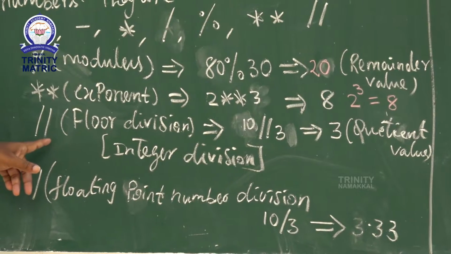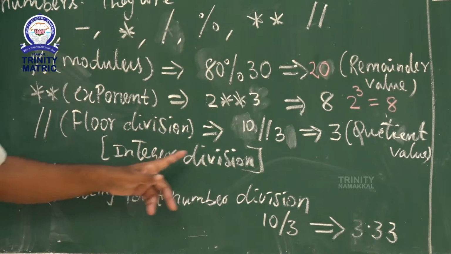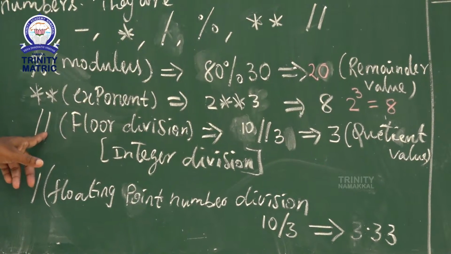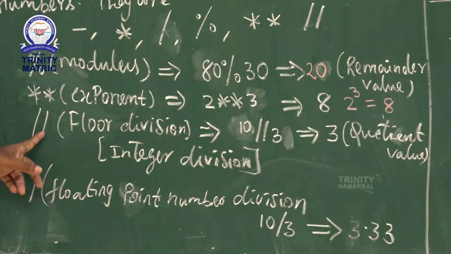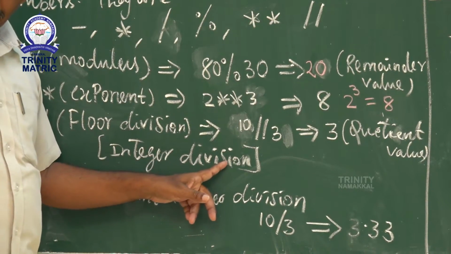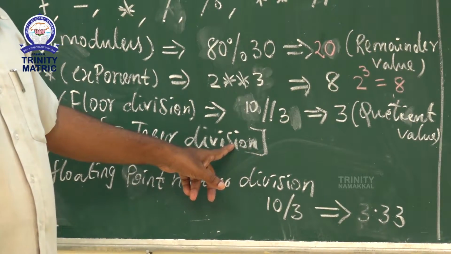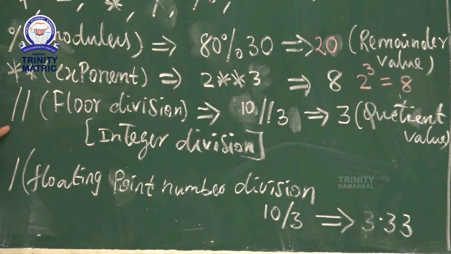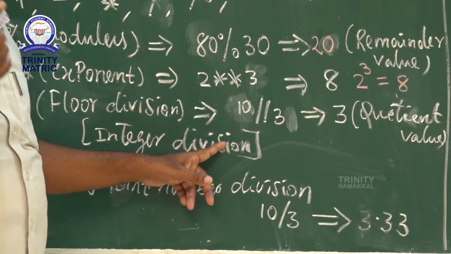Then double slash, that is floor division, is nothing but integer division. This floor operator gives the quotient value of the integer division. Please keep this in your mind and try to understand this floor division operator. The floor operator is only used for integer division, giving the quotient value.